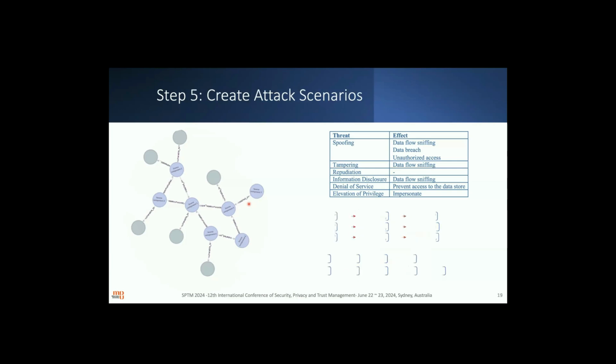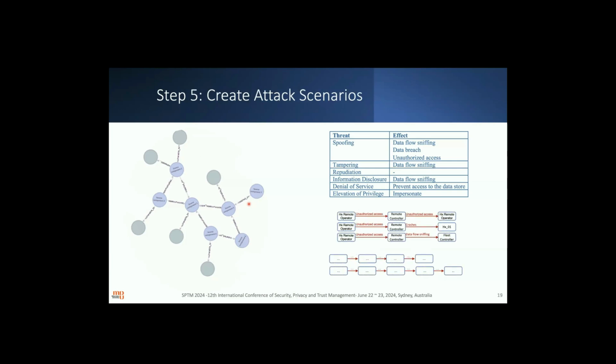And the next one, we can merge these vectors to make attack scenarios. After this, we can give these attack vectors to the tester. The tester can make test scenarios based on this information and the type of attack.